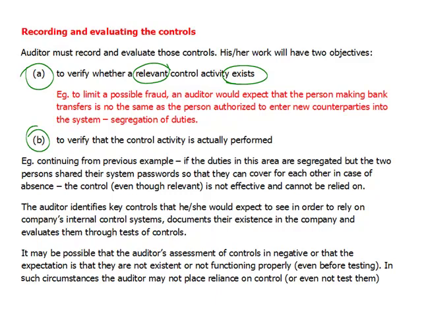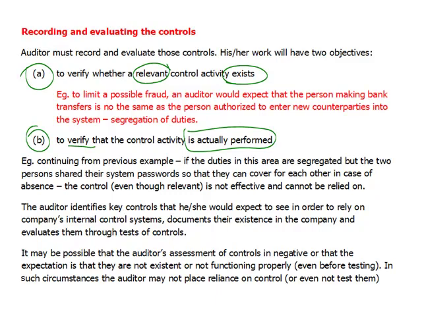However, it's not enough to conclude that the control activity exists, because there are a number of control activities that are written, are put into procedures, and then nobody follows them. Thus, the next thing is to check that the activity is actually performed. As I say, it's not enough to say that the control exists.